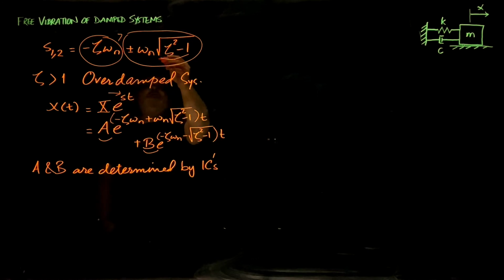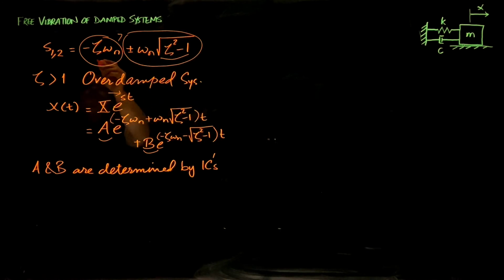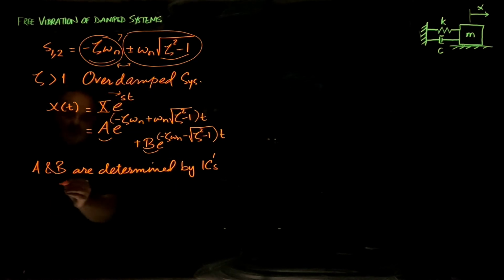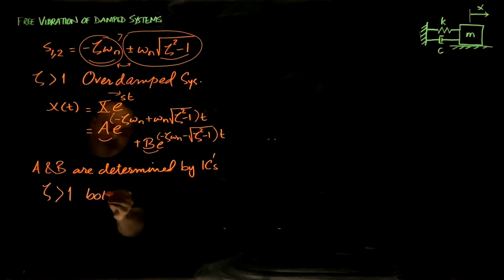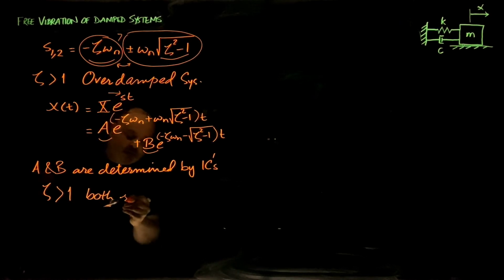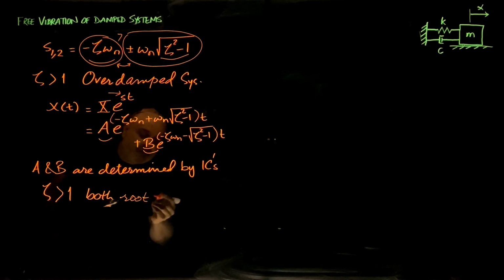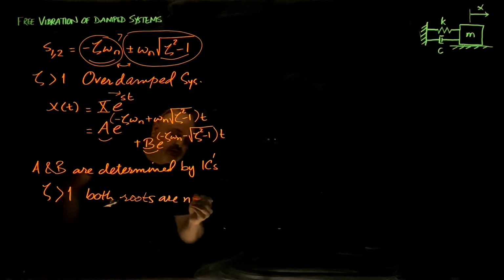For zeta greater than 1, the term will start growing, but it will always be less than negative zeta omega n, which means both roots will always be negative roots. So for zeta greater than 1, both roots are negative.